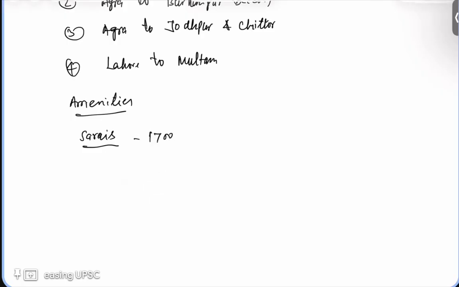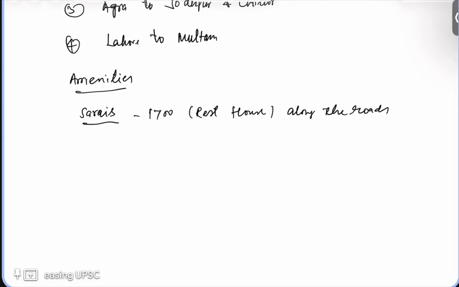He built around 1700 sarais, rest houses, along the roads. Separate arrangements were made for Hindus and Muslims.